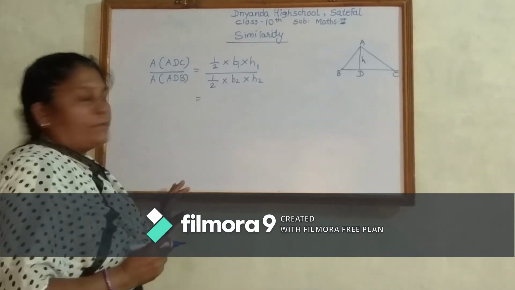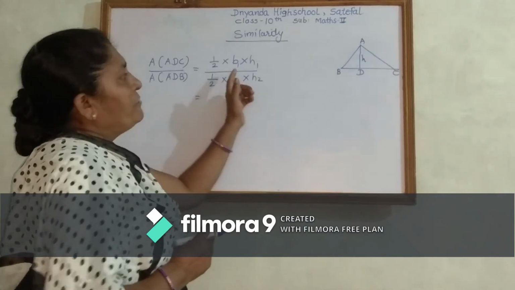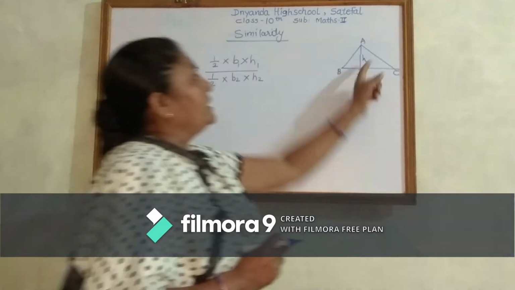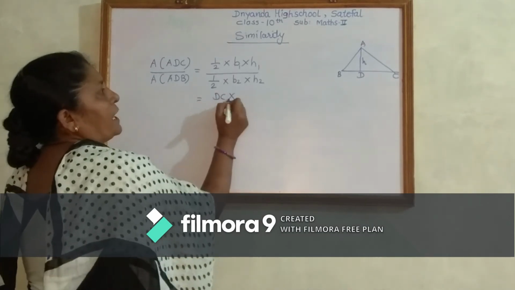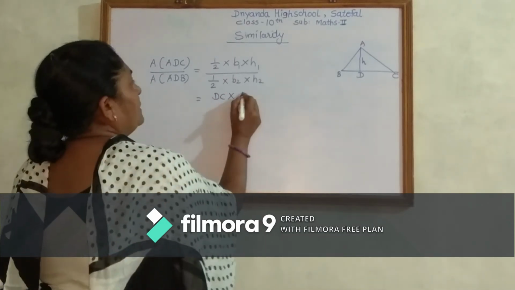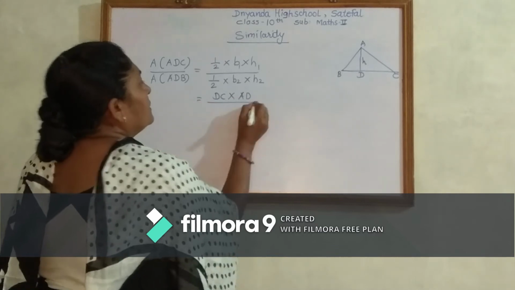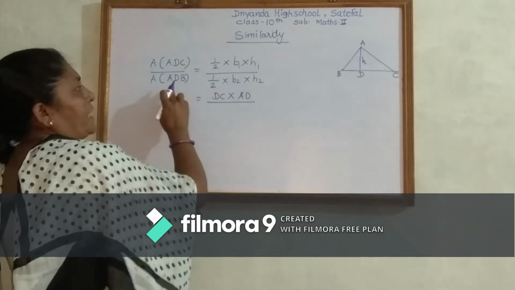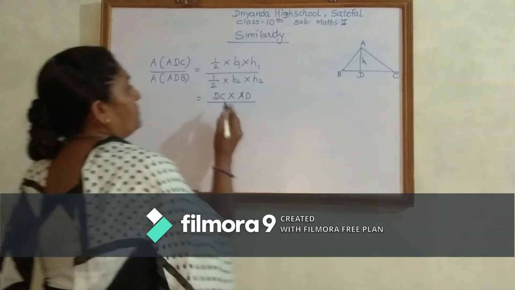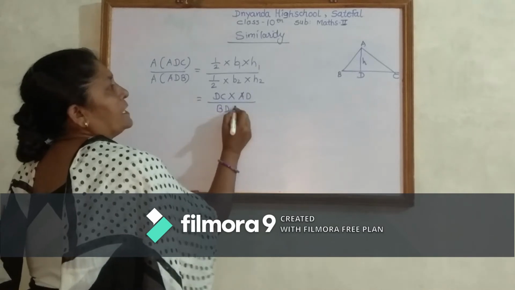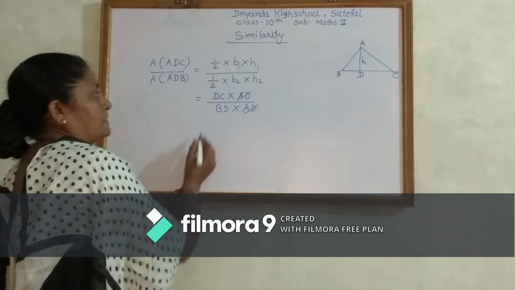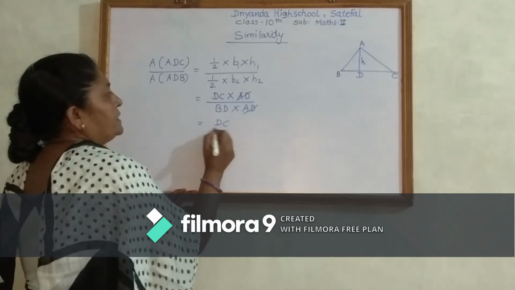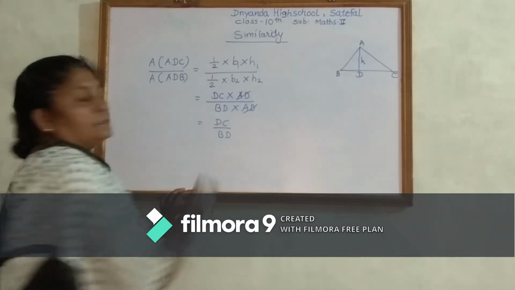Half gets cancelled. Base of ADC is DC multiplied by height AD, divided by base of triangle ADB, BD multiplied by height AD. AD gets cancelled and the ratio is DC divided by BD.